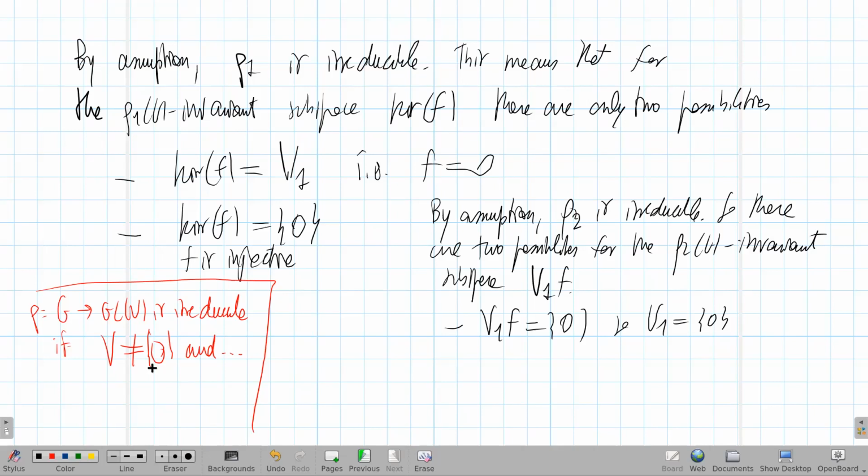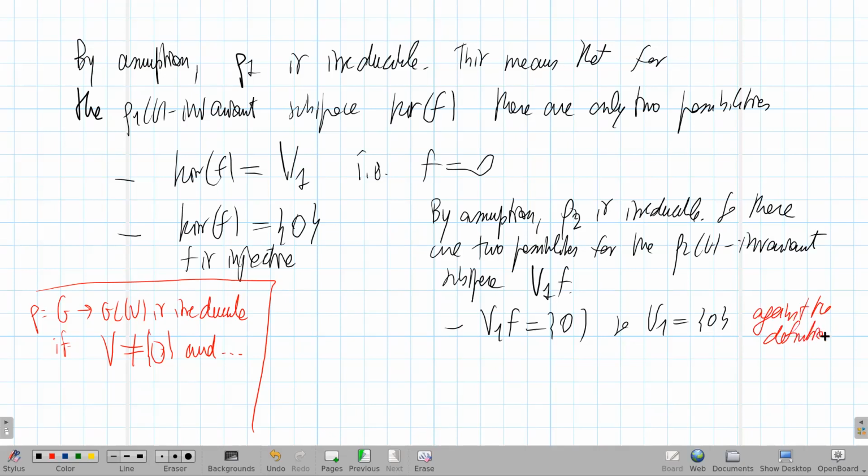to rule out this trivial case, because if you allow the subspace 0 to be irreducible, then it is the sum of 0 plus 0 plus 0. You have to rule this out. So this is impossible, against the definition.